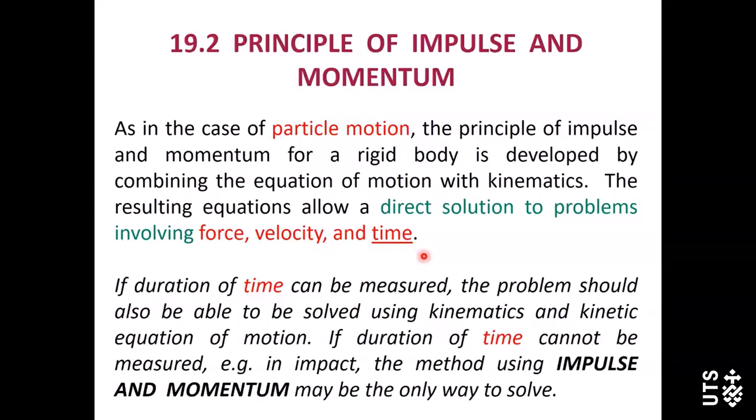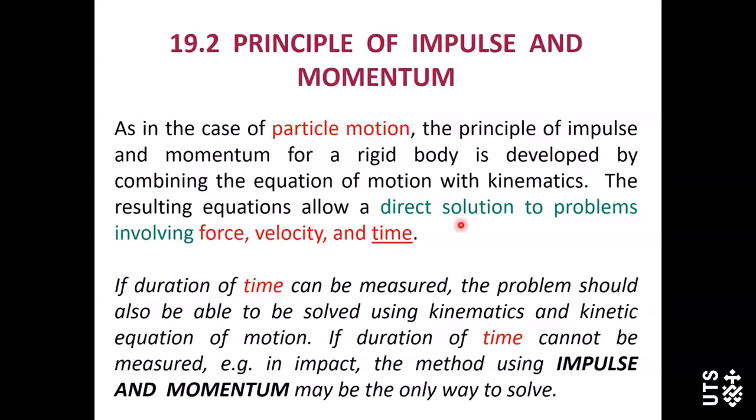If the duration of time can be measured, the problem may also be solved using kinematics and the kinetic equation of motion. But using principle of impulse and momentum should be much easier.